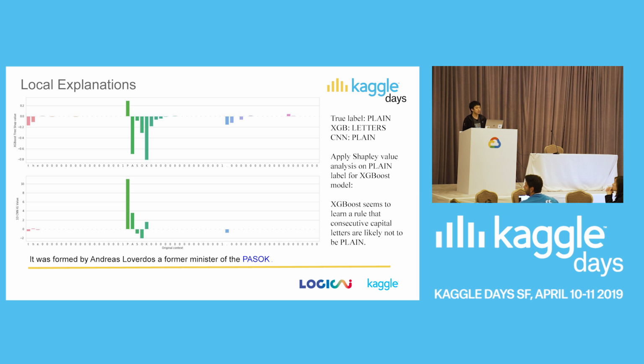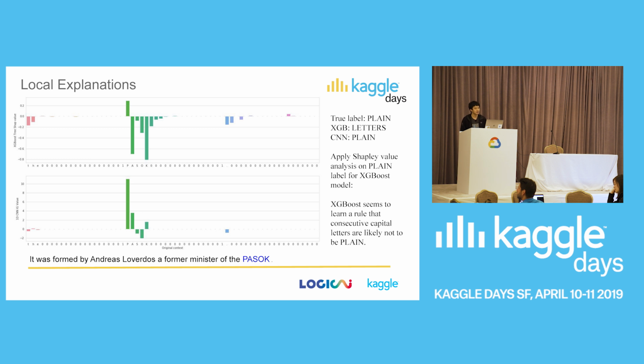And it seems to me it gives negative value to all those capital letters afterwards. So that's how I feel SGB boost works here: it learns some kind of linguistic rule. It enforces that if you have multiple capital letters, it should not be a plan. So that's some kind of my interpretation.